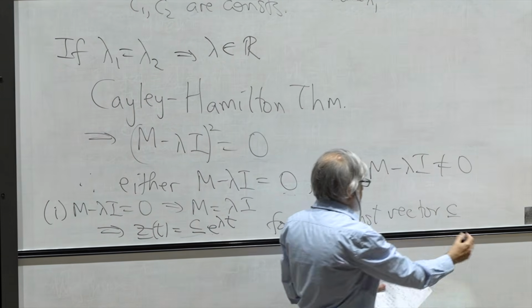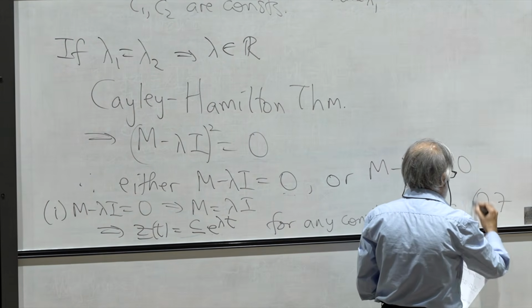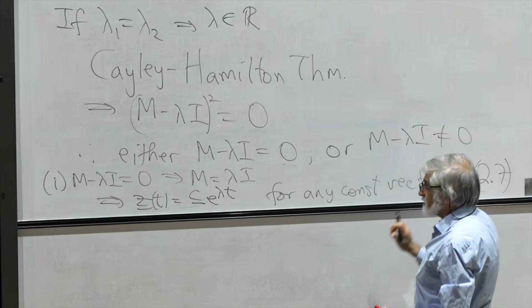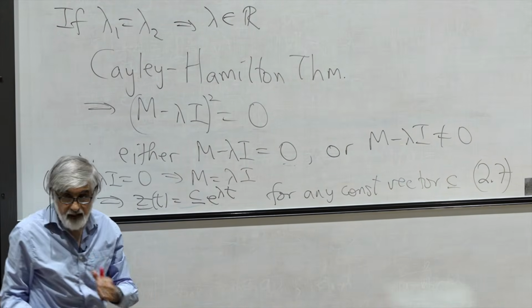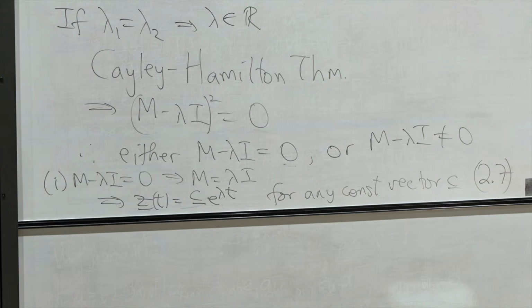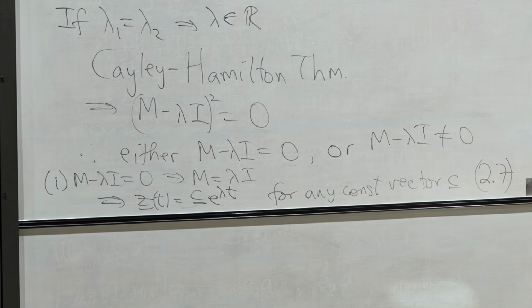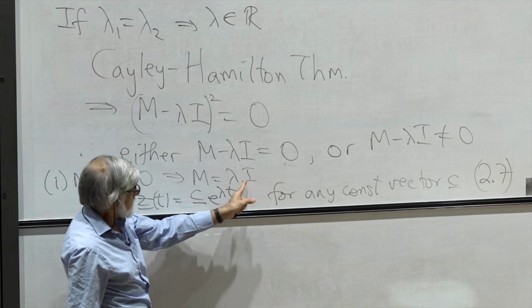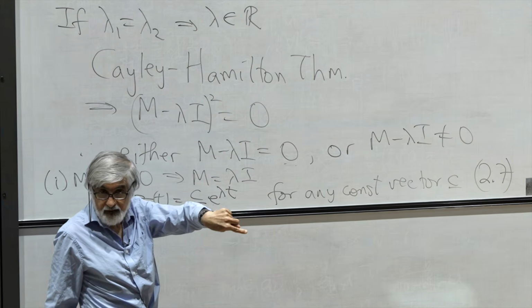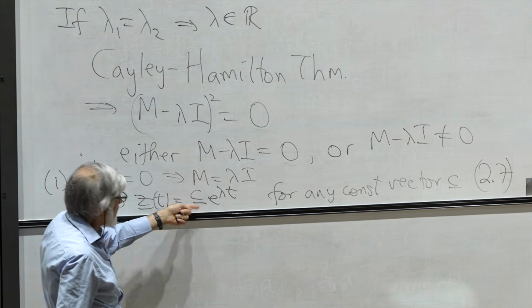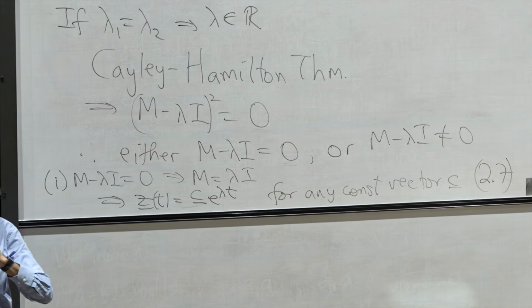Okay? Because if this is the unit matrix, then you don't need to worry about it having to be an eigenvector, because you multiply I by any constant vector and you get the constant vector back. Okay? So any c is a solution.